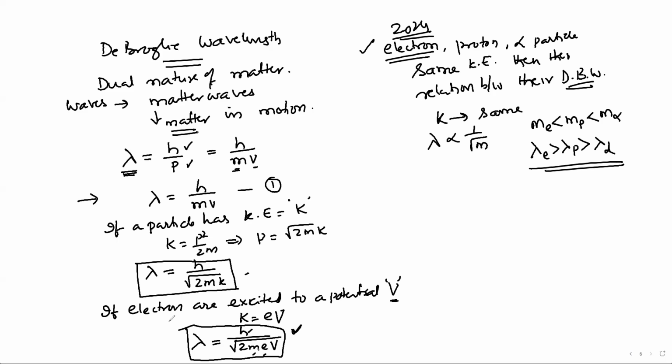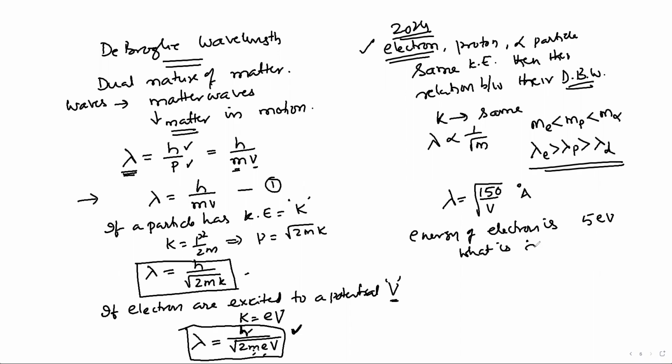If I substitute all these values, a simple technique, the wavelength related to an electron excited to potential V is given by this formula, in angstroms. For example, the energy of the electron is 5 electron volt. What is its de Broglie wavelength?